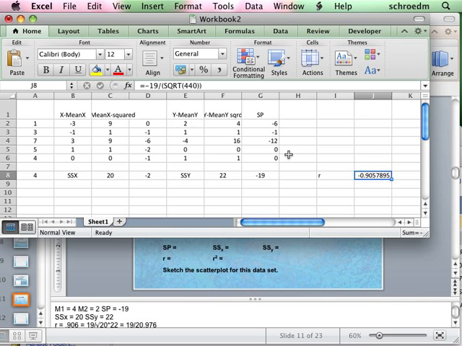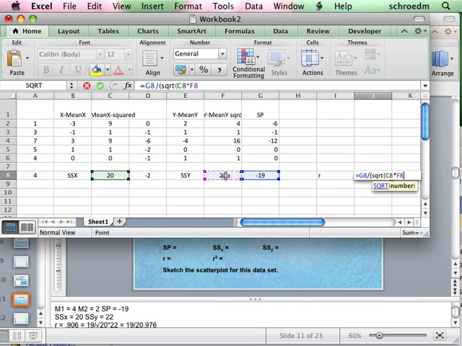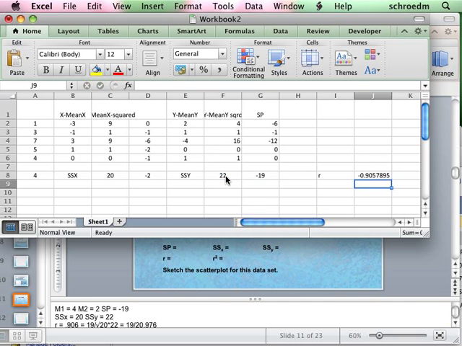Let me just change this to equals this divided by square root of this times this. And just make sure that these are all linked up right.